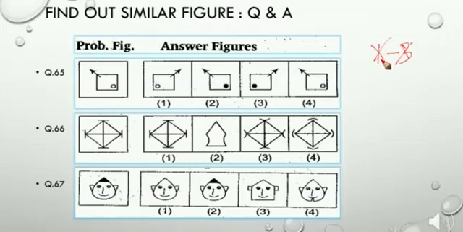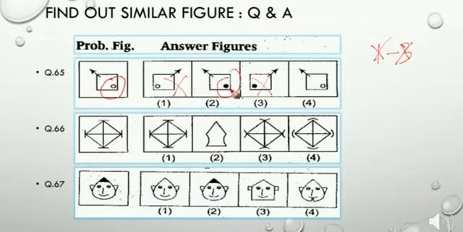So let's check for option 2 and 4 again. Let's check from this angle, from this corner, this portion, this corner. We have to see in option 2 and 4. In option 2, whether this portion is there.